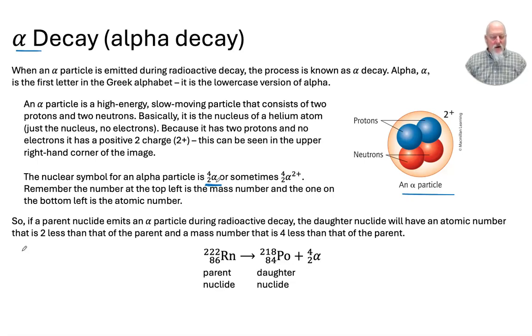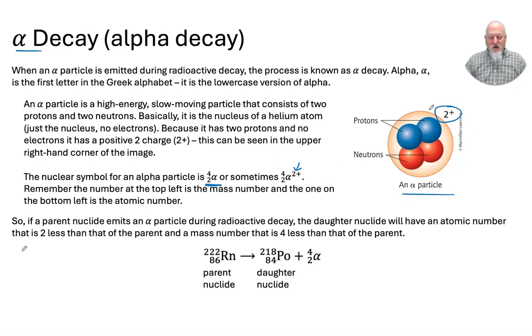And the lower number is 2, that's the atomic number, and that is the number of protons. Sometimes it's written like this because it has no electrons, so there are just 2 protons and no electrons to make it neutral, so it actually has a 2+ charge. We'll talk about that in another chapter, but you can see that is shown here also.